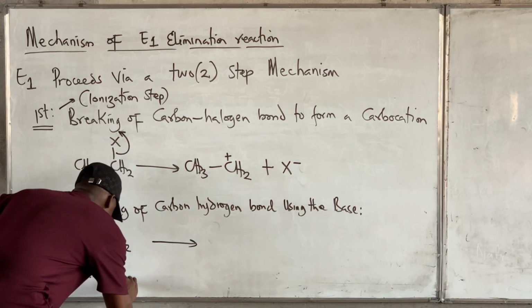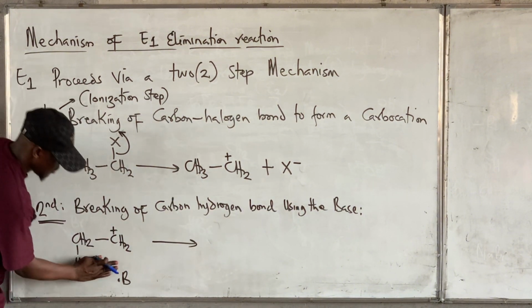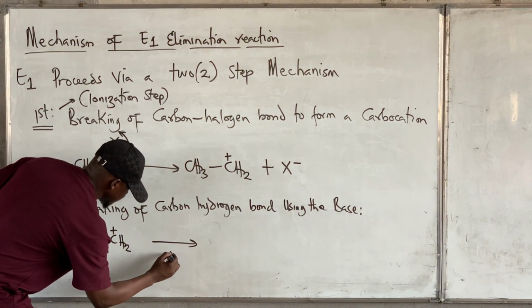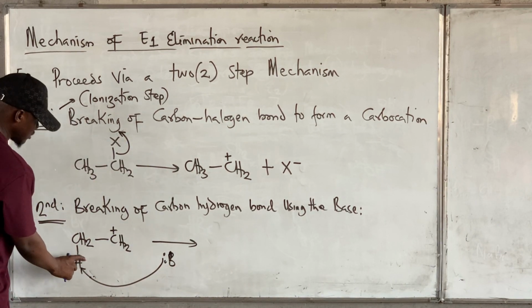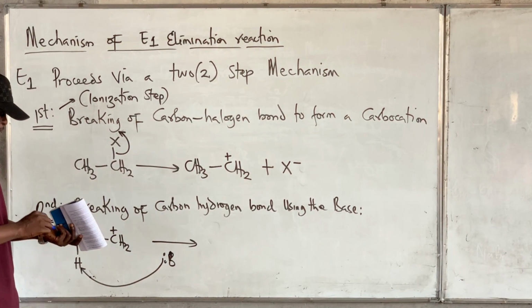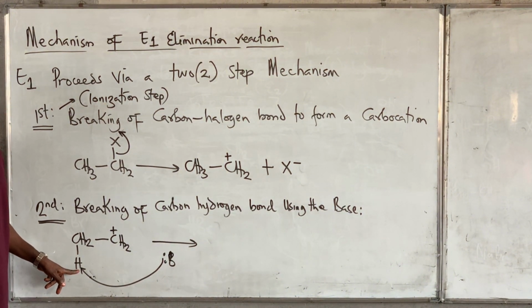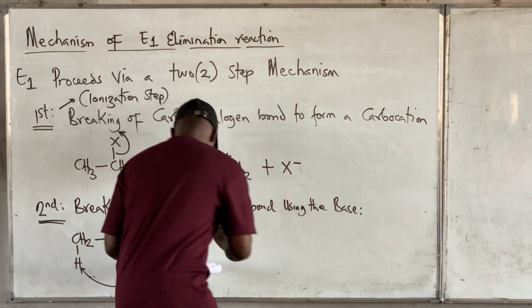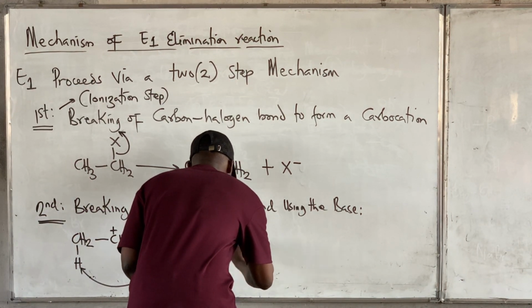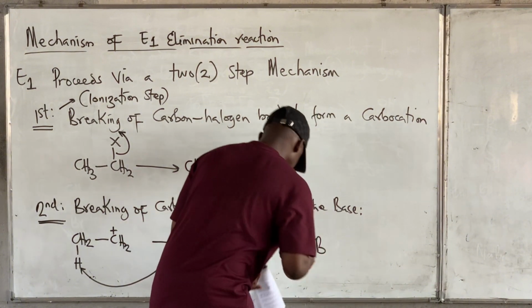You can decide to put your base here. This guy pulls out this hydrogen, which goes out as H plus, so here becomes minus, and minus next to plus forms a double bond. So we now have CH2=CH2 plus HB.